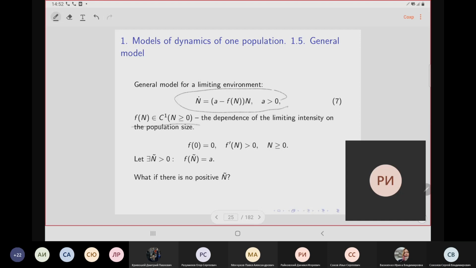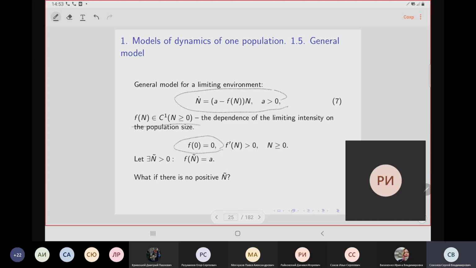And what are other conditions for f of n? First of all, if the population number is 0, then the limiting intensity is equal to 0. It's quite natural.